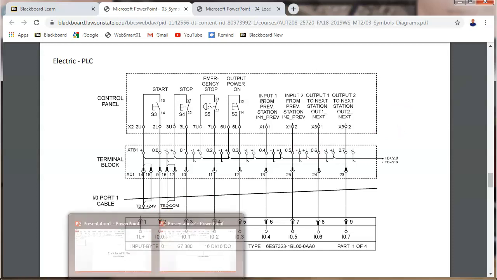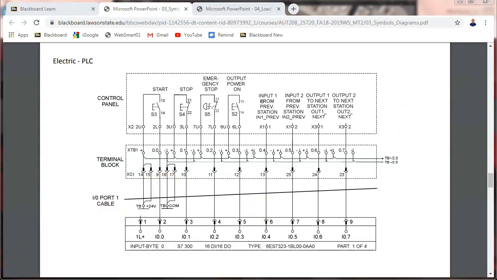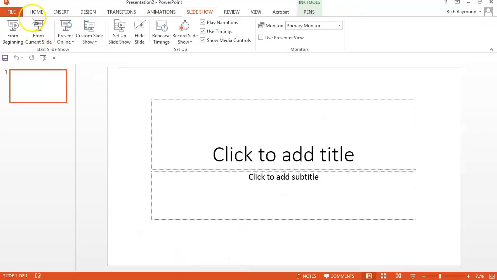So in motor controls, what do we use for a symbol for a sensor? Yeah, it's a diamond shape. No dotted lines.